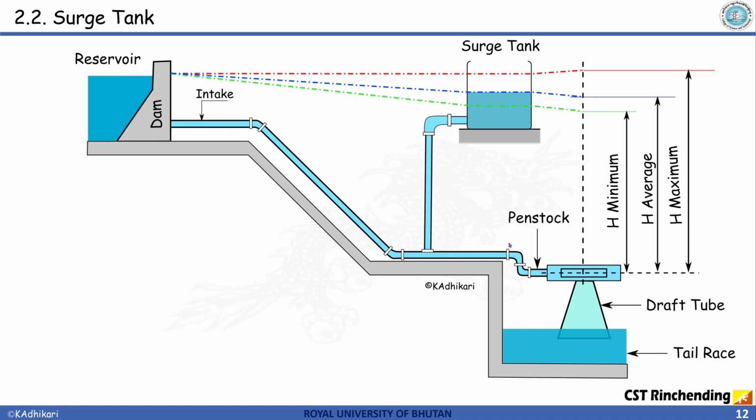Now what happens is, during the power generation, here is the powerhouse, and here is the turbine. So when we need to shut down the powerhouse, let's say we are going to do some maintenance, and we need to shut down the turbine. At that time we'll be closing the valve right here, right?